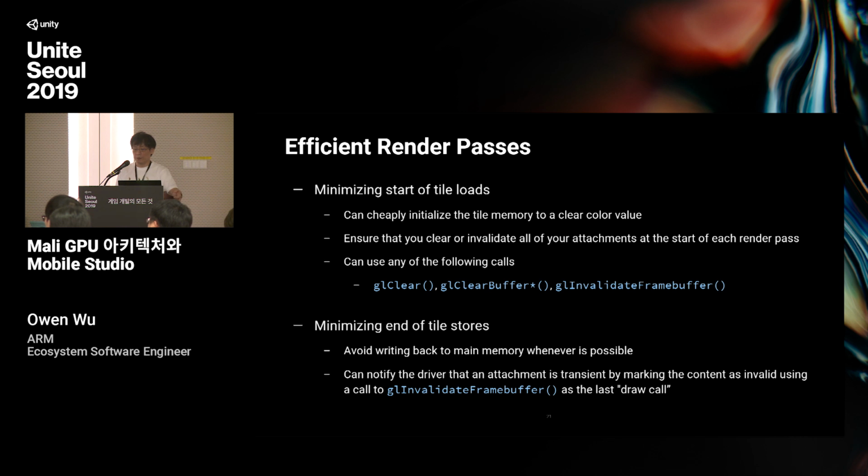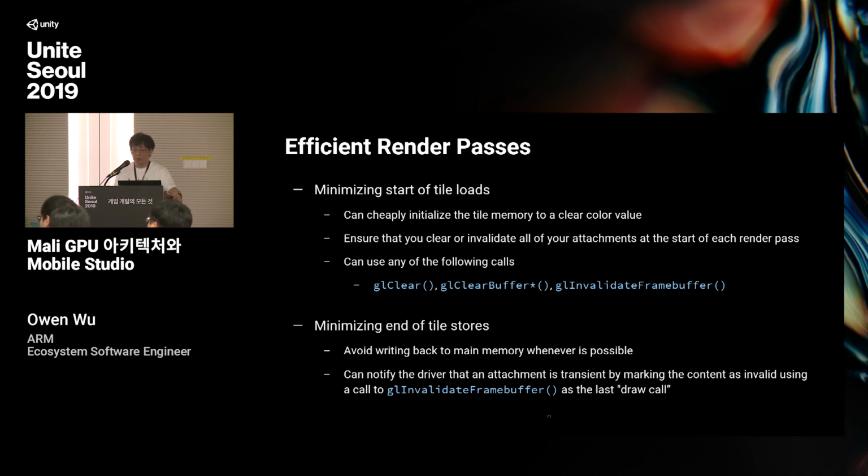Second, you should minimize the load from the last frame buffer at the start of the render pass. There are two ways to avoid the tile load. First is using the glClear function to cheaply initialize the tile memory to a clear color value. And the second one is using the glInvalidateFramebuffer function to hint to the driver not to load the data from external memory.